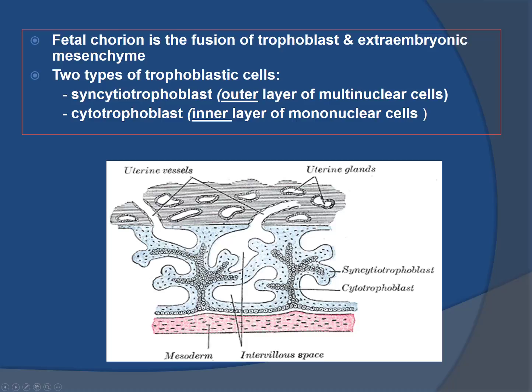In the center, the inner layer, are the mononuclear cells, called cytotrophoblasts. The outer layer of the villi has multinucleated cells called syncytiotrophoblasts. These are anchoring in the uterine wall, and these are the uterine vessels and uterine glands.